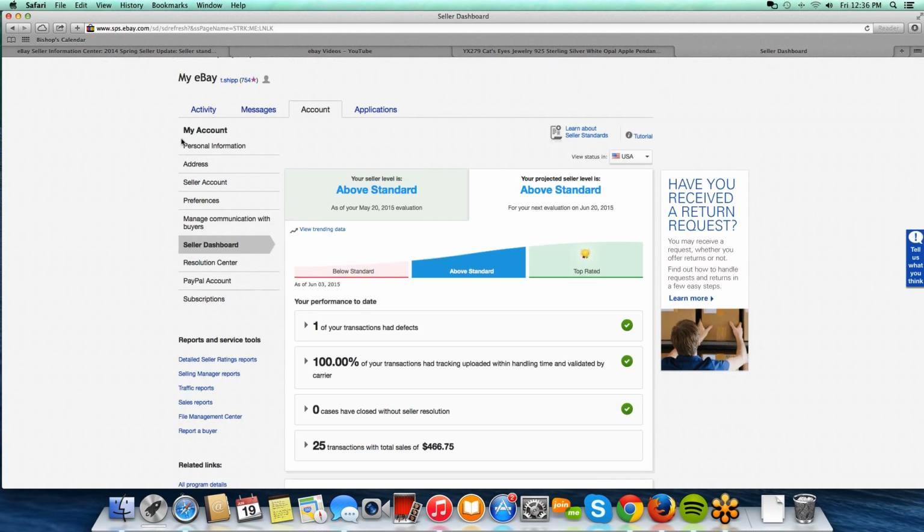Now this tracks over a 12-month period for most of you. So if you had defects in June of last year, once June of this year ends, those defects that took place last year in June will fall off your account, so they disappear. Defects don't stay on your account forever.